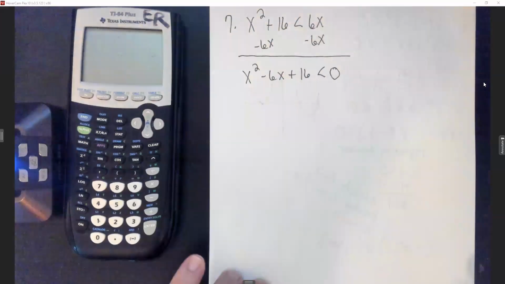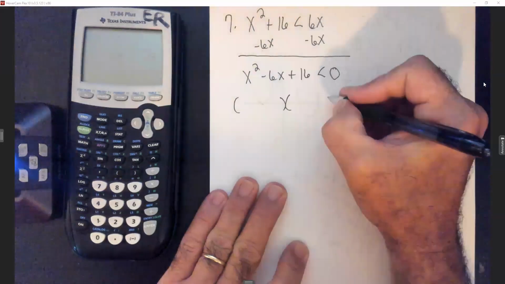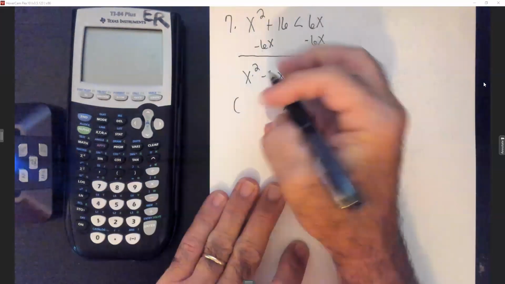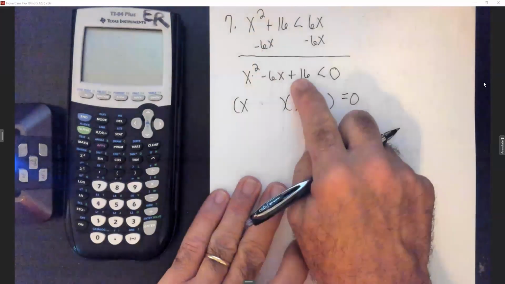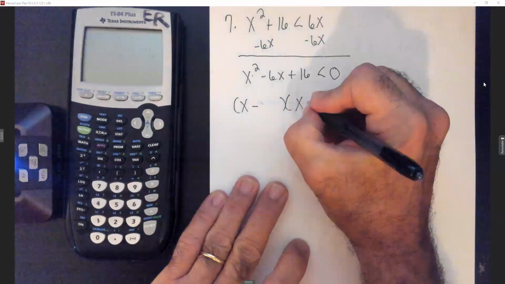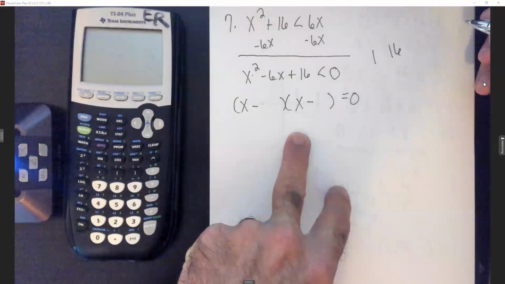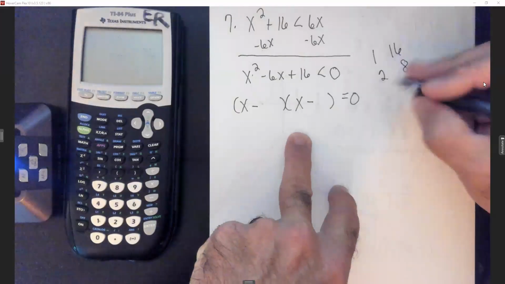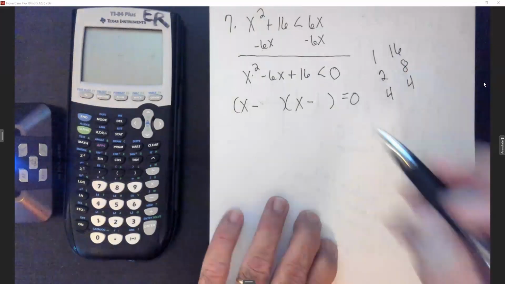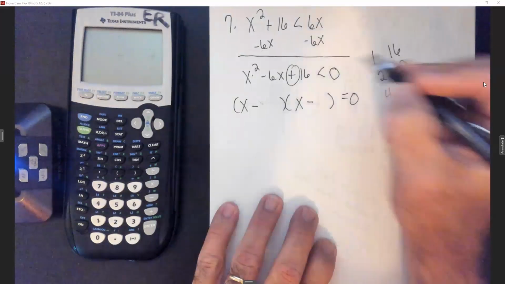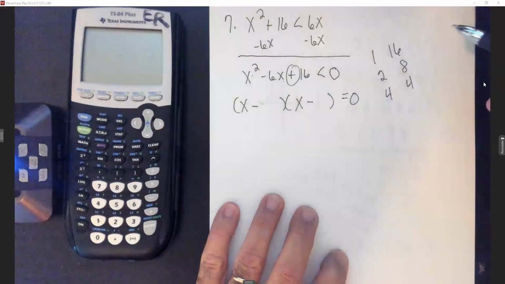All right, so now we got to try to factor this. So x squared will be an x and an x. Last number's positive, so both of these will be negative. And then let me find my factors of 16 would be 1 and 16, 2 and 8, 4 times 4, and that's it. So since that's positive, I need factors of 16 that add to get 6. Well, these add to get 17.